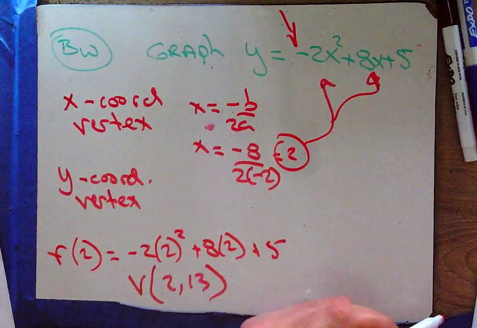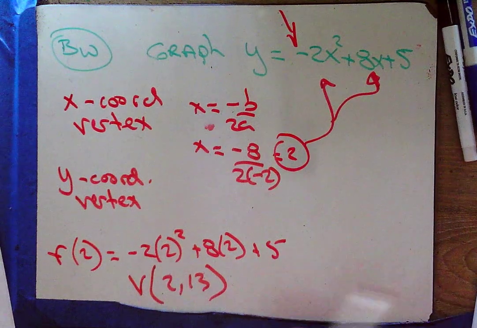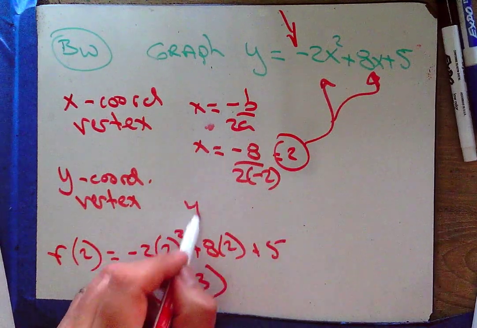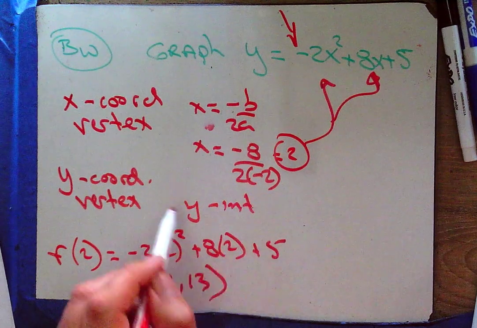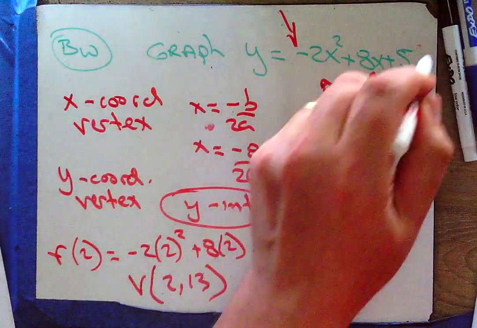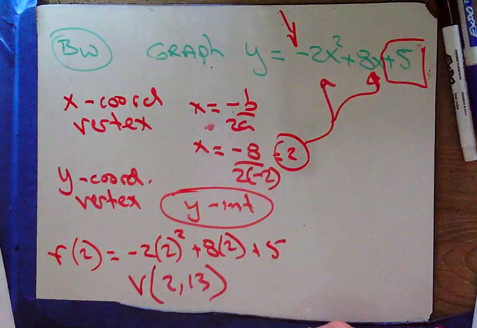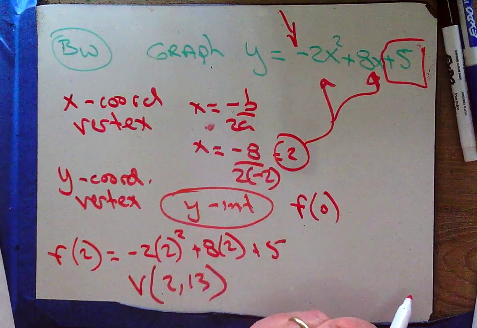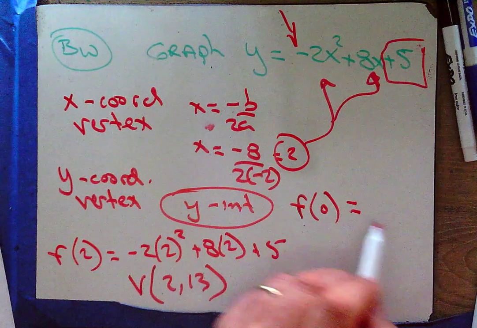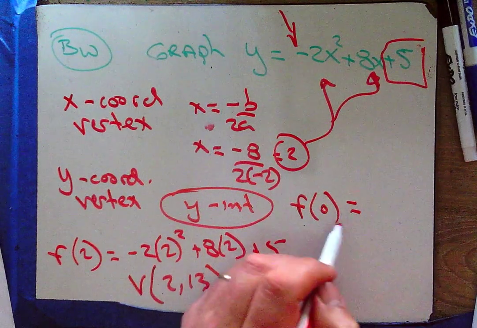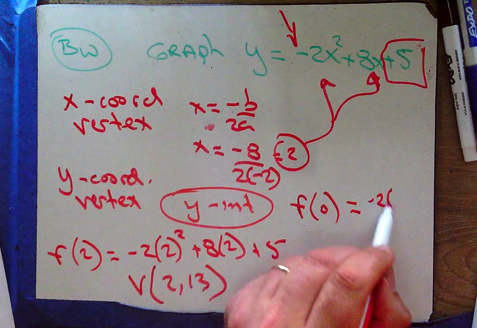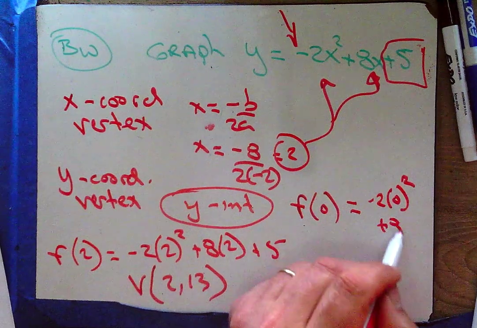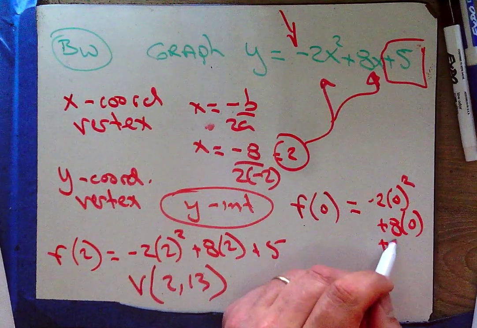This tells me that the parabola points down, and the other thing that we talked about finding was the y-intercept. And we know in general form, the c value is always the y-intercept, but if you didn't remember that, remember earlier in our functions unit, we said f of 0 finds the y-intercept, so you could always do negative 2 times 0 squared plus 8 times 0 plus 5.